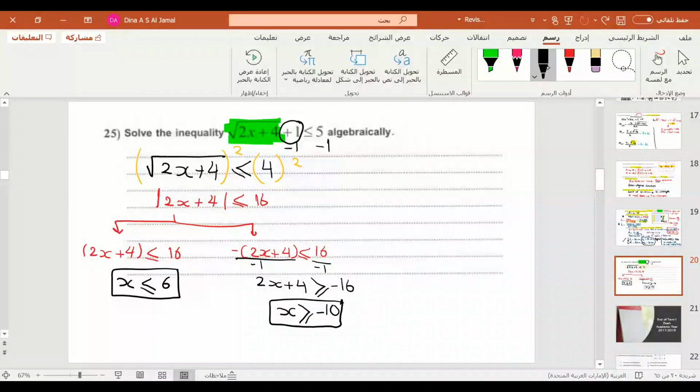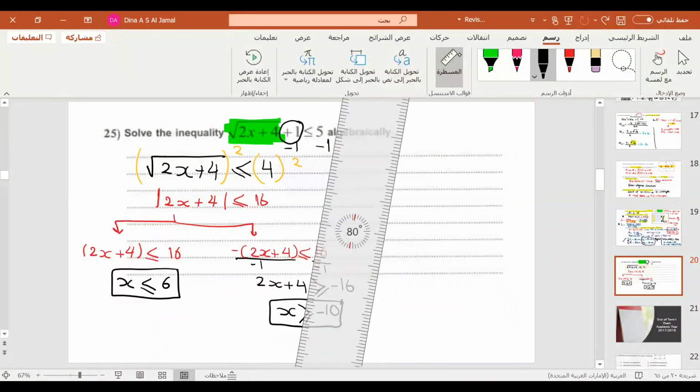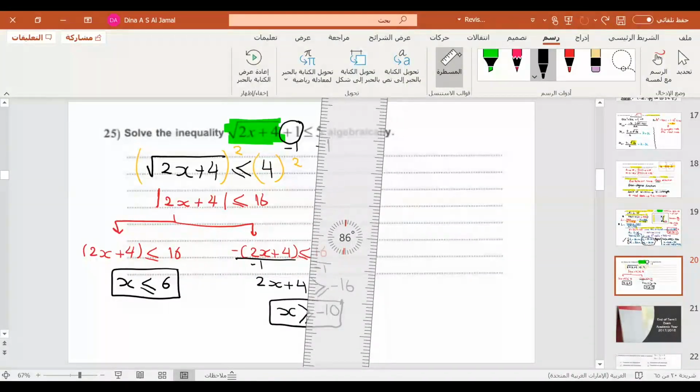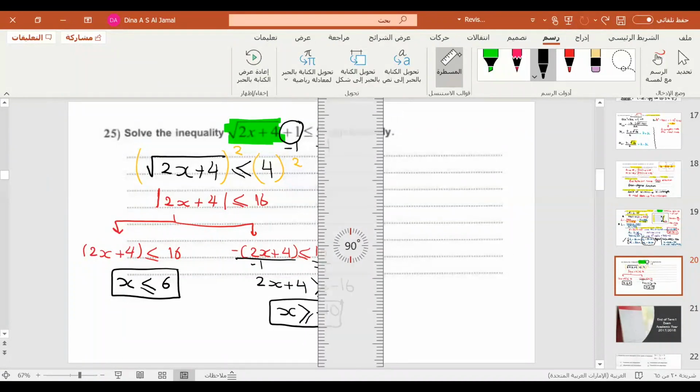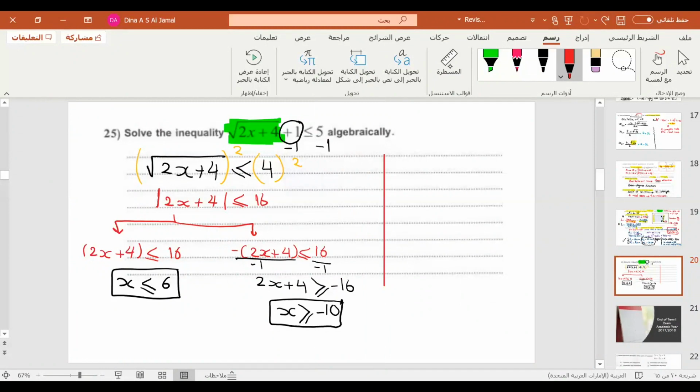Now, before we go and we plot the number line, one of the most important things is that whenever you are having a square root, you do not write the solution directly. You have to check the domain, because your values should start from the domain.